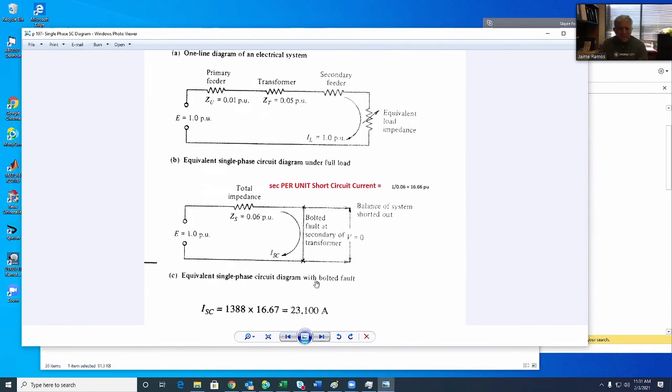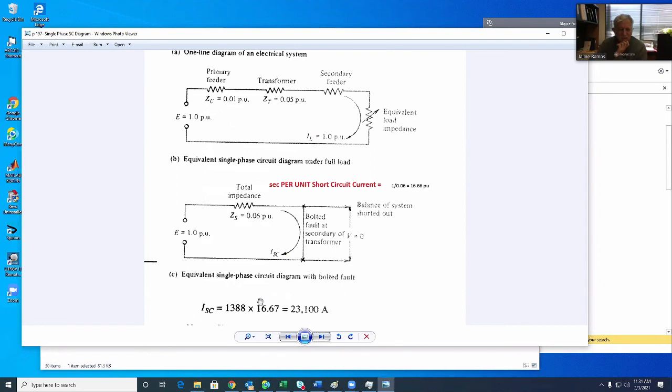Now here comes a fault. So at the load in the panel board, something snaps. Now the voltage is 0. Therefore, the sum of impedance is 0.05 plus 0.01, that's 0.06 per unit. Okay, so then we've got a short circuit. So how do I calculate that short circuit current? In per unit it is going to be 16.67.